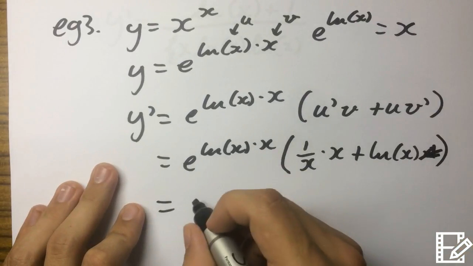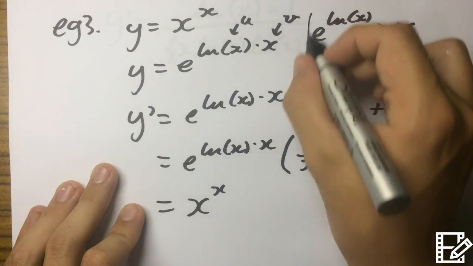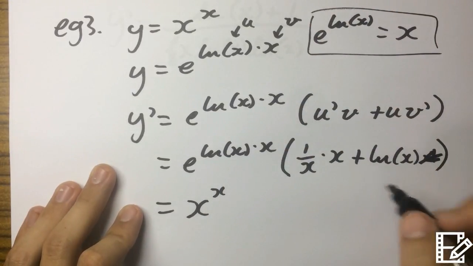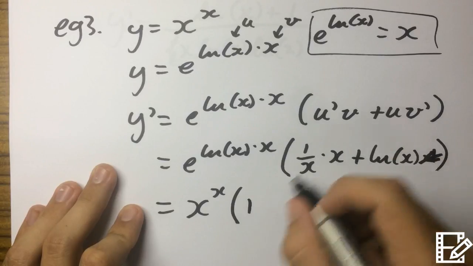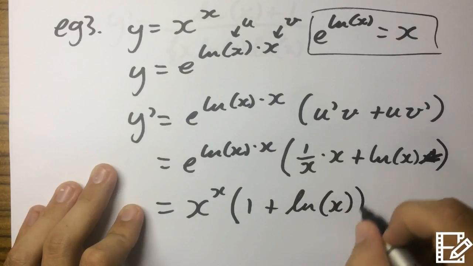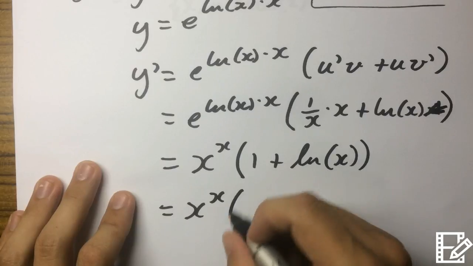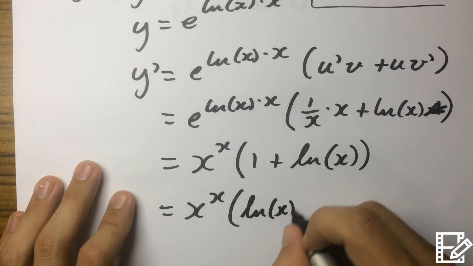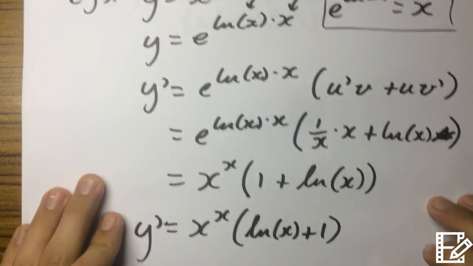I'm going to convert this back to x to the power of x, because this is the exact same as that. We agreed that at the very beginning. And it's going to be multiplied to 1, because x over x is 1, plus ln of x. Now you can rearrange that, so you have x to the power of x, ln of x plus 1. But that is the derivative of x to the power of x.